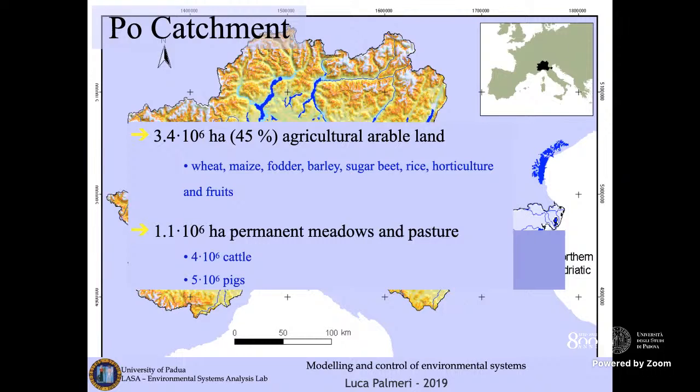So you see the number of animals is comparable with the number of humans living in the area. So we have more than 10 million animals that are grown in this area.